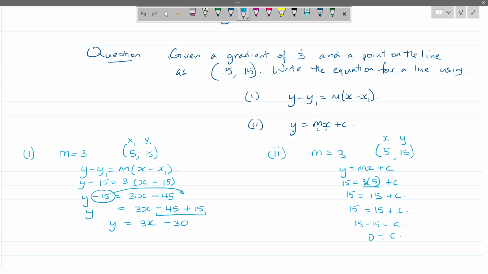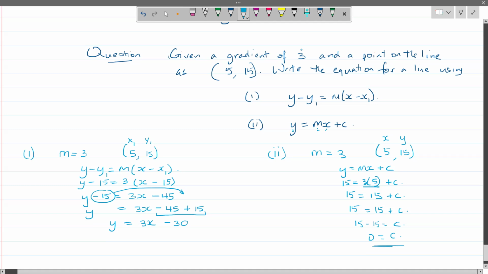Three minus 45 plus 15, negative 2t. Right, that's correct. I'm using the same values here. 5, 15, y is 15, x is 5, m is 3, 3 by 5 is 15. C is equal to 0.